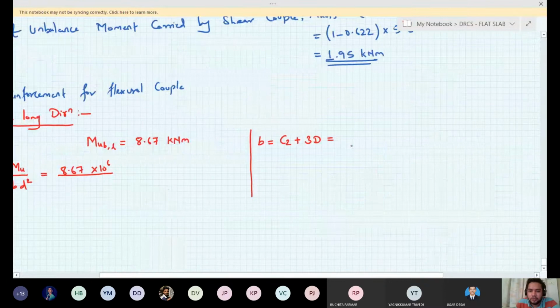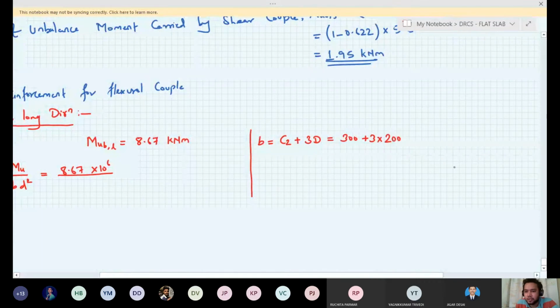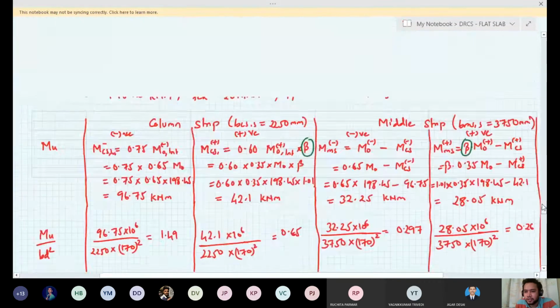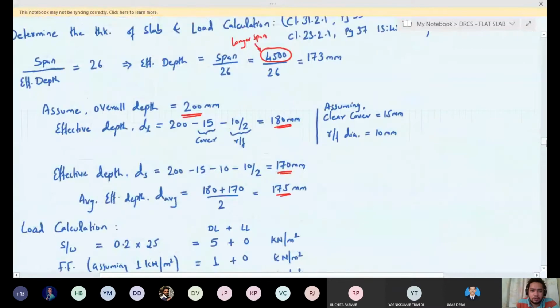So here C2 is 300 plus 3 times the depth of the slab. The depth of the slab is 200. If you remember, in the beginning we found the depth of the slab. So overall depth is 300.